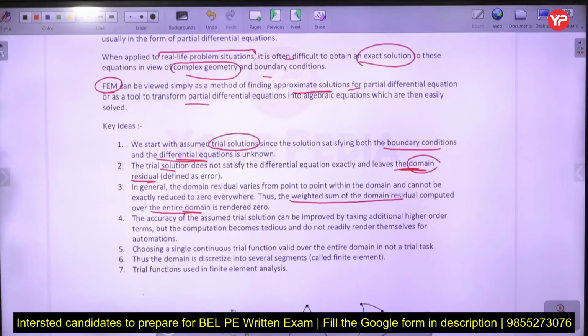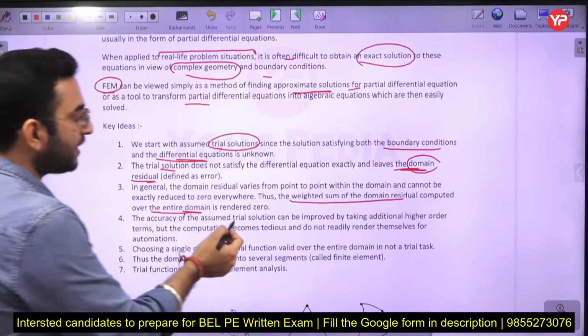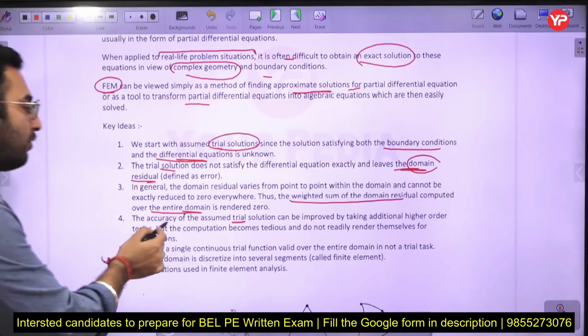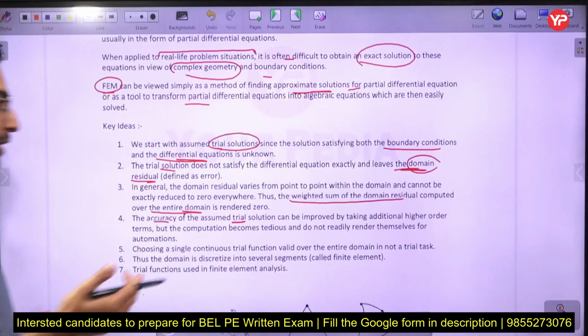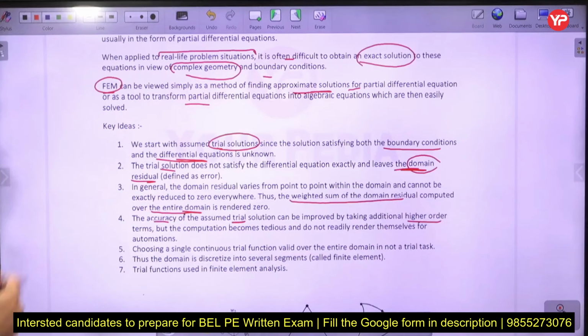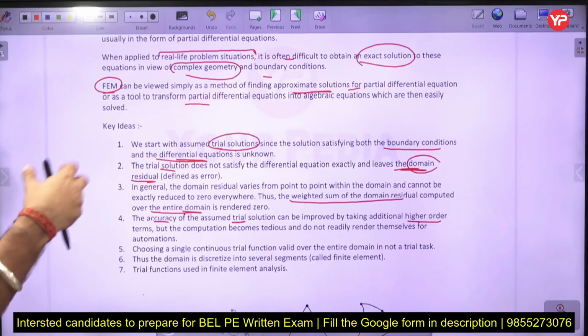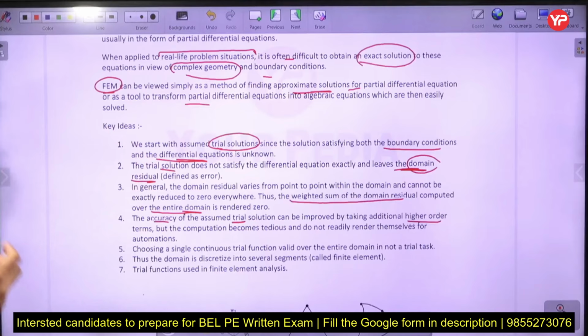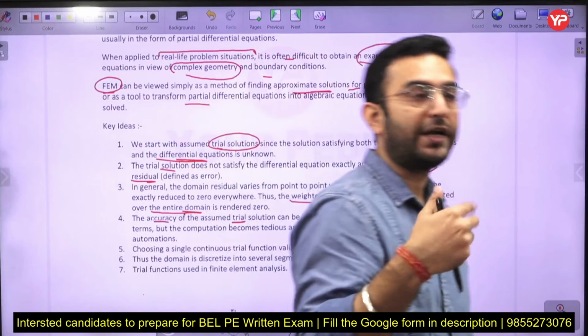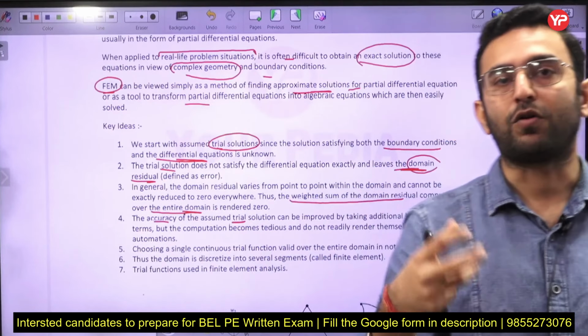As I have told you, we start with the trial solution, and the accuracy of the trial solution is improved by including higher order terms. By including higher order terms, we try to improve the accuracy of the solution. If you are using first order or linear terms, we may have a higher amount of error induced.